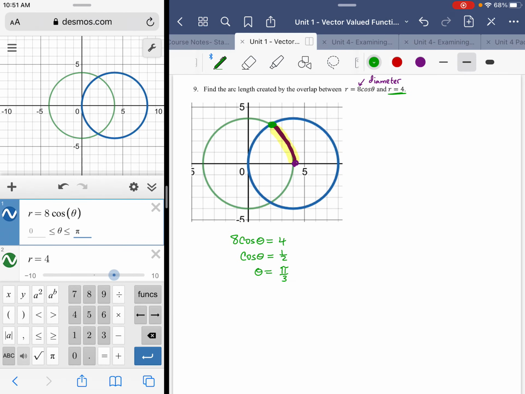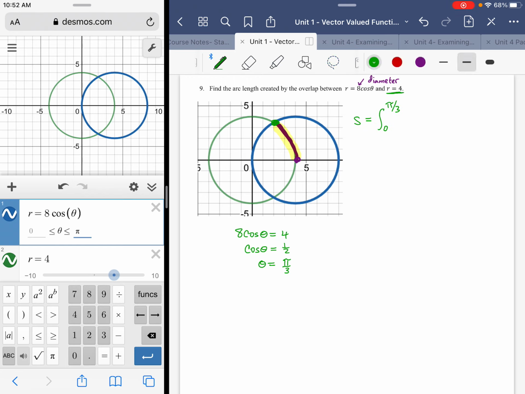So my arc length, S, is going to be equal to the integral over the interval of 0 to pi over 3 of the square root of 4 squared, r prime is equal to 0, so plus 0 squared, d theta.